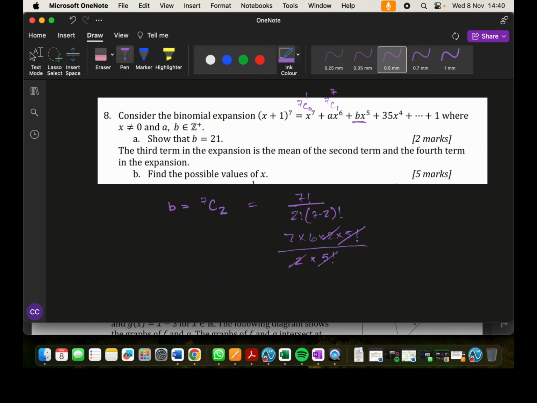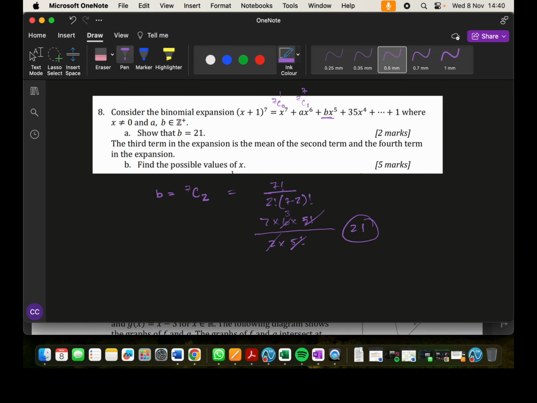Why is there a 2 there? There shouldn't be a 2 there. I wrote this down wrong. Haha, good times. So it's 7 times 6 times 5 factorial, and this is 2 times 5 factorial. Those cancel, and that cancels down to 3. So the answer should be 21.